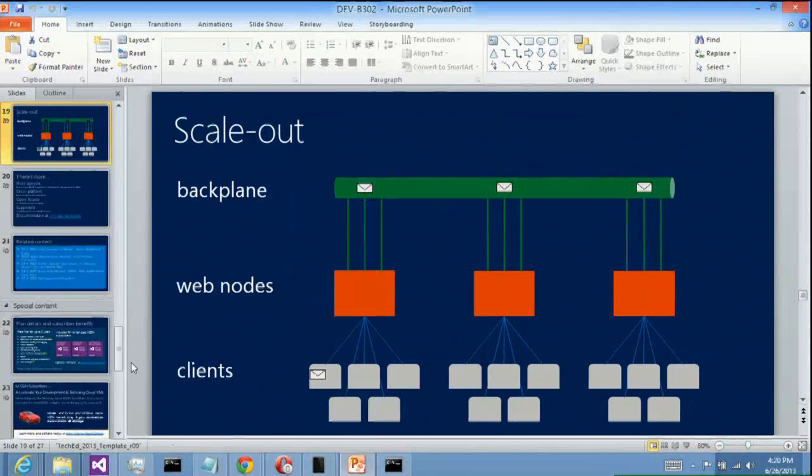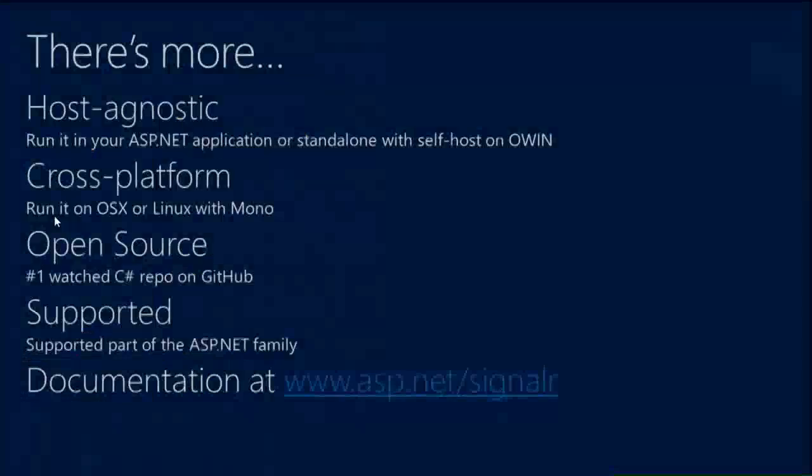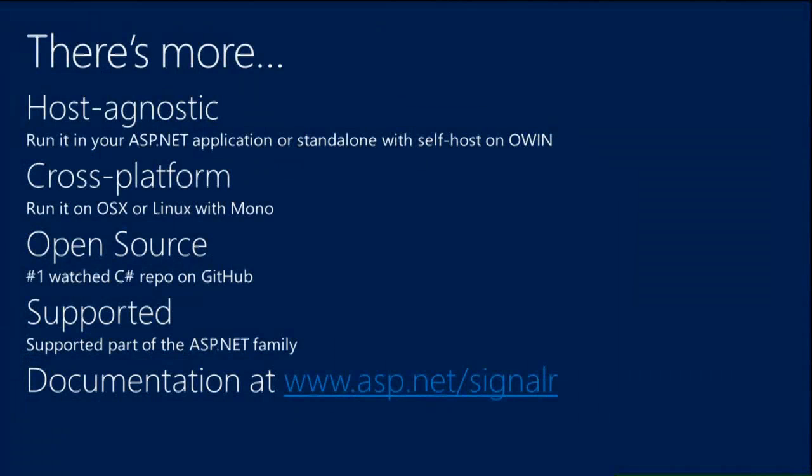So let me jump to the next slide. It's pretty much the last slide. The other unique thing about SignalR is that it has no dependency on System.Web. By that, what I mean is you can run SignalR outside of the context of ASP.NET.